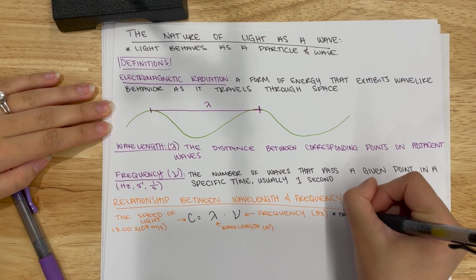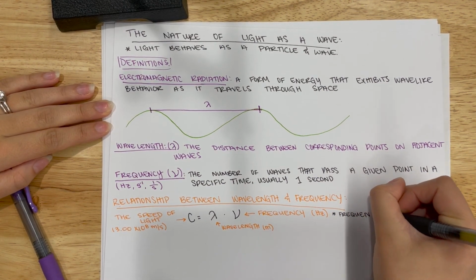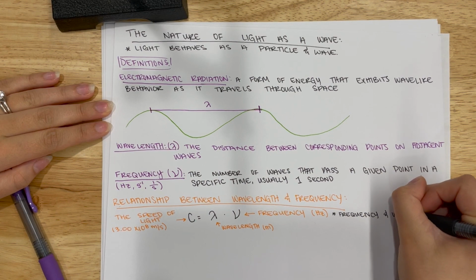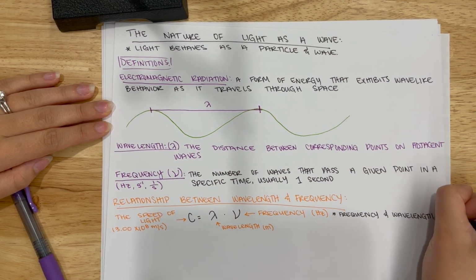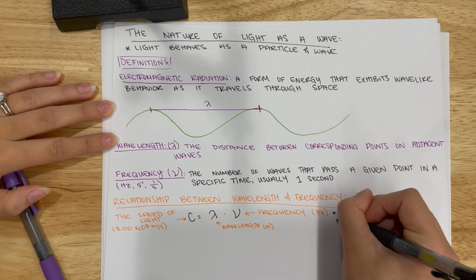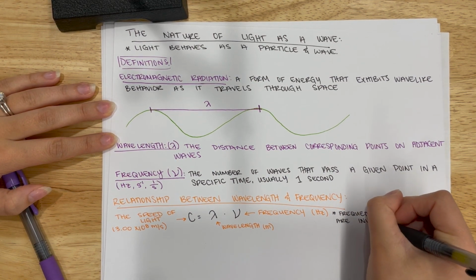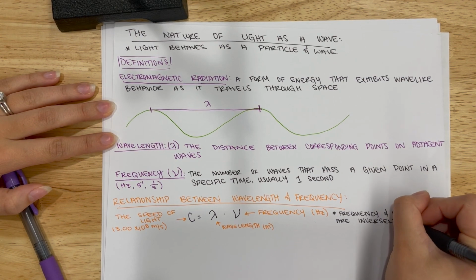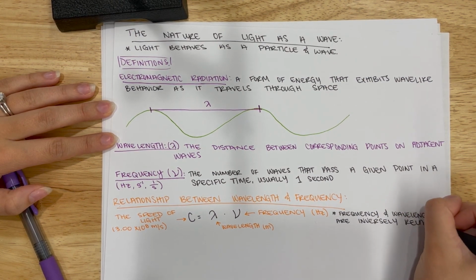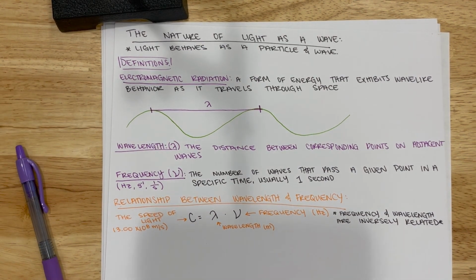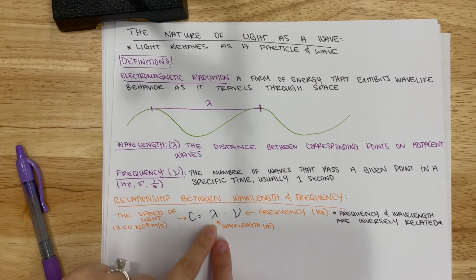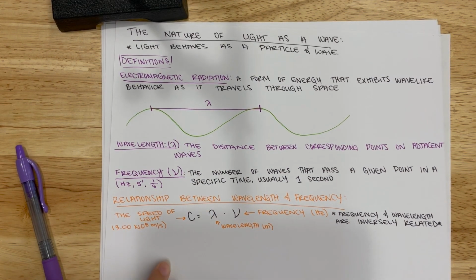Frequency and wavelength are inversely related. If we think about that, hopefully you've learned the word inverse in your math class. What that means is that as one goes up, the other one has to go down, because they're always going to equal the same number.